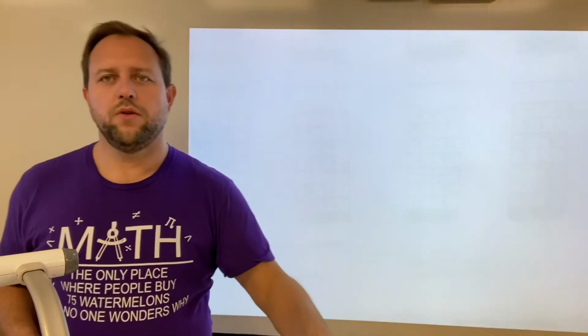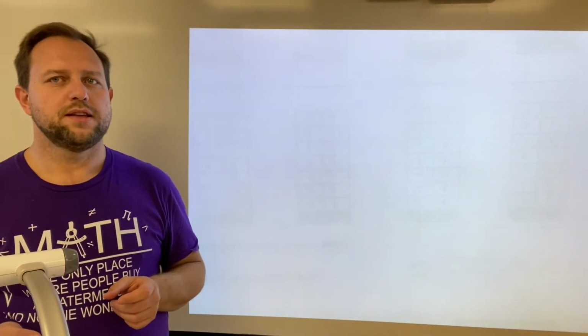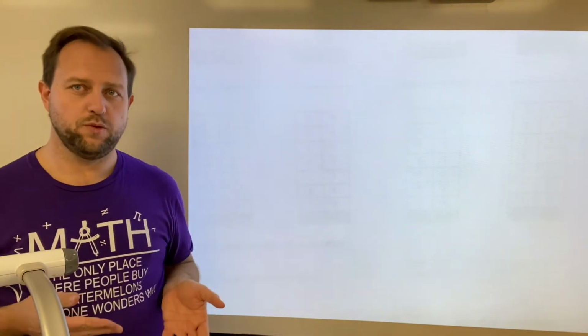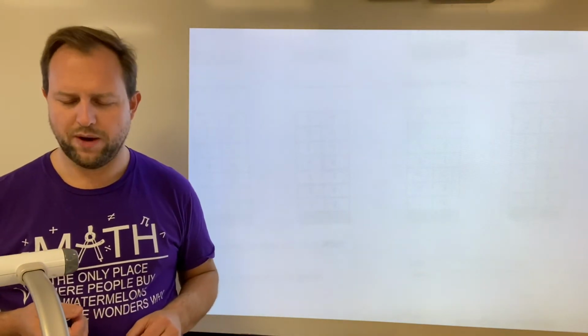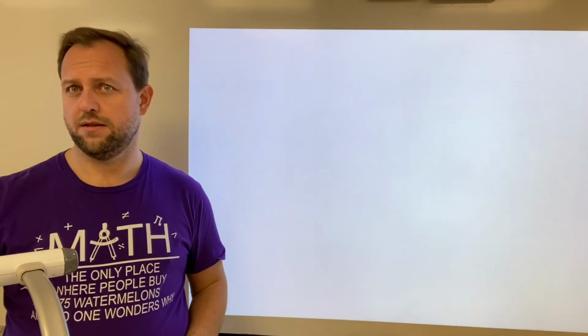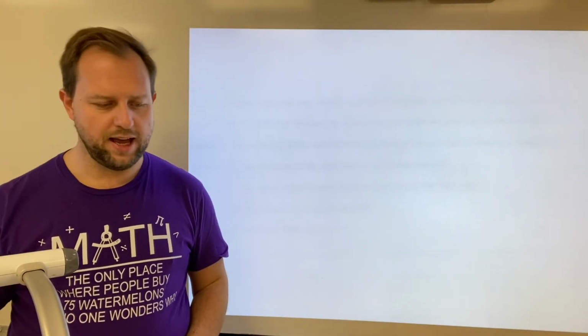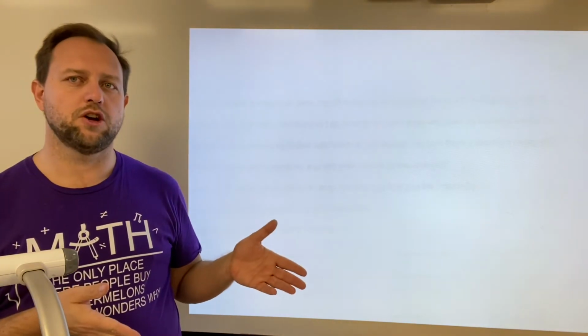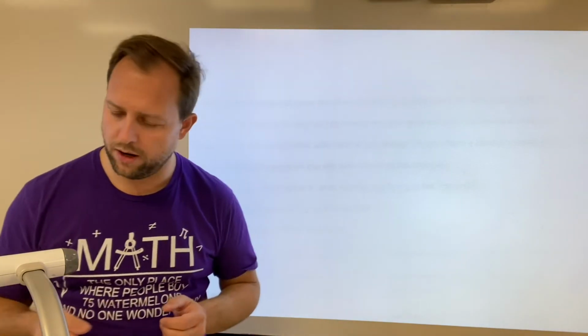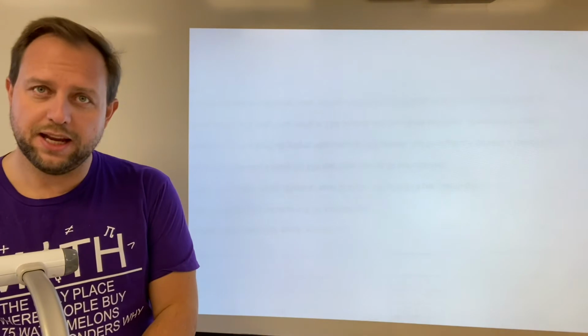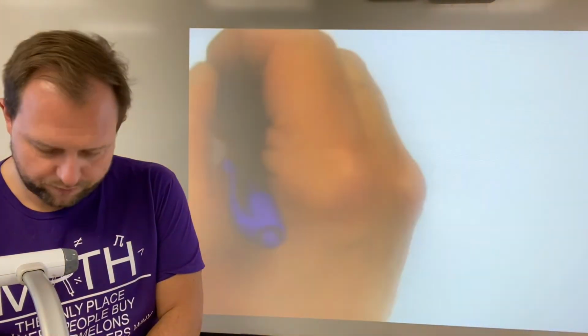But we know that we can also have parabolas that open up sideways. So what happens when that takes place? Well, what's happening is that instead of it being the x term that is in the quantity squared, it is going to be the y term that is squared.